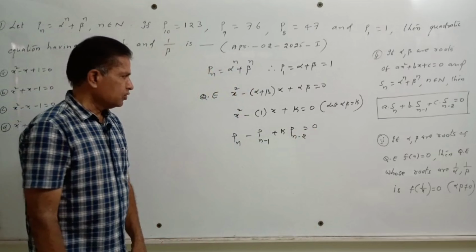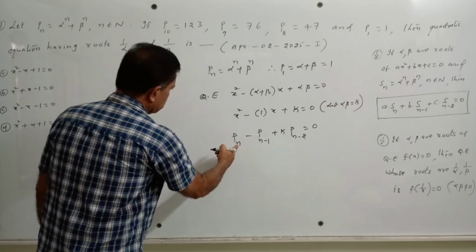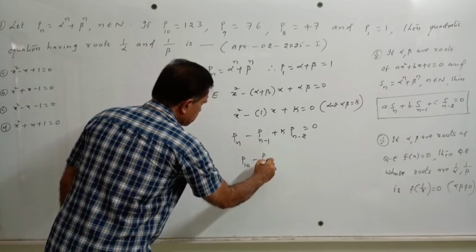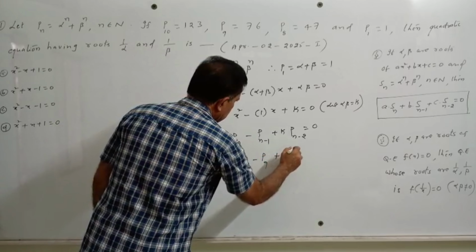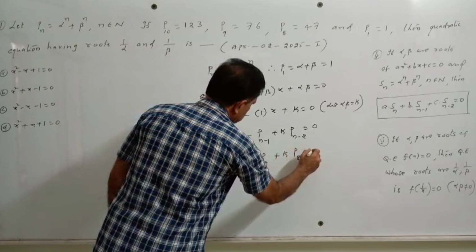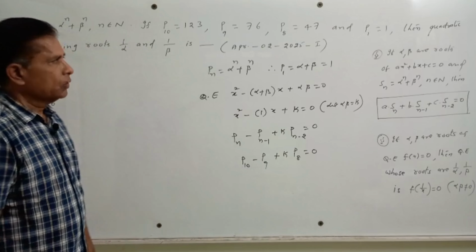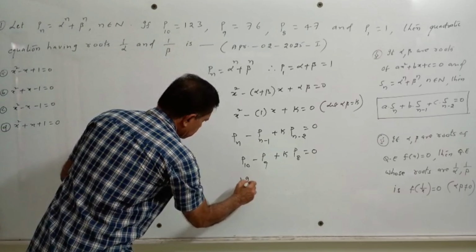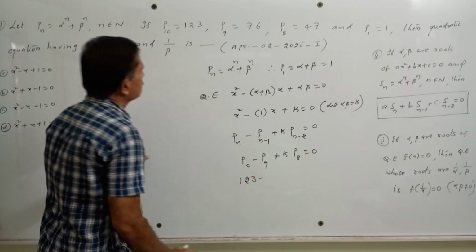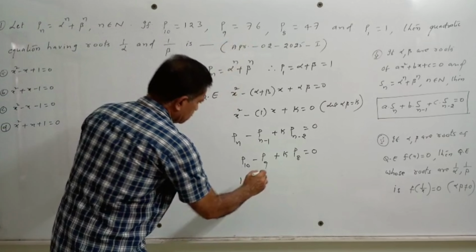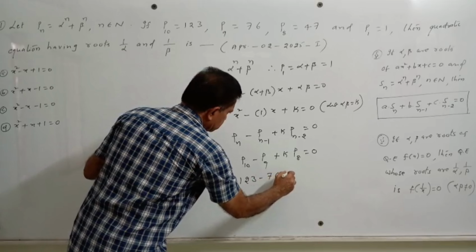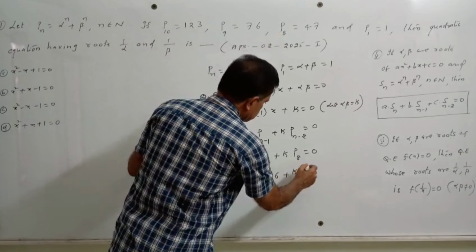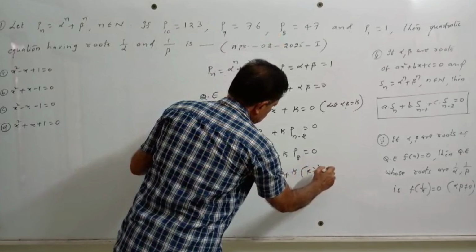So to find constant k I am substituting n is equal to 10. P10 minus P9 plus k into P8 is equal to 0. He has given the value of P10, that is 123, the value of P9, 76, plus k into the value of P8, that is 47, substituted.